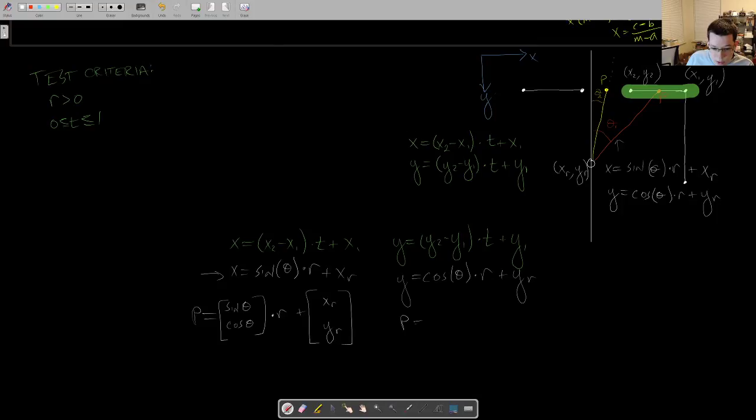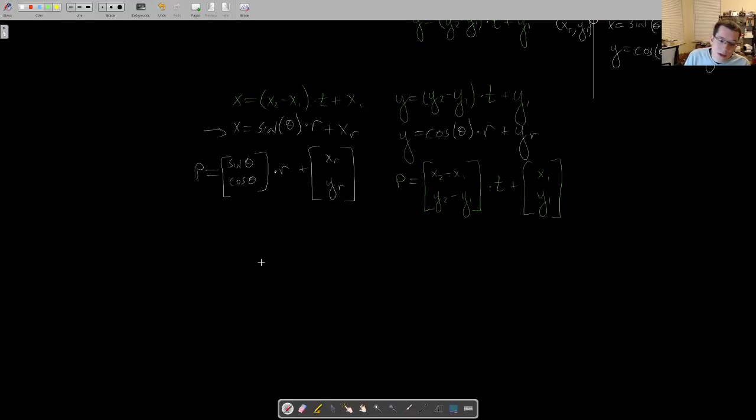P is also equal to x2 minus x1, y2 minus y1 times t plus x1 y1.